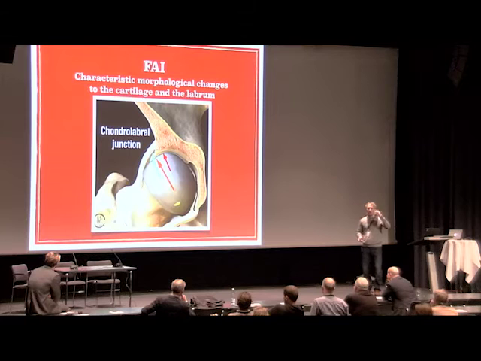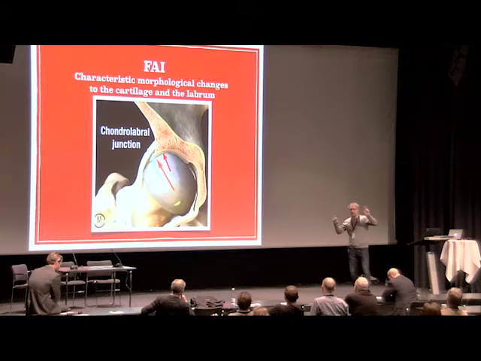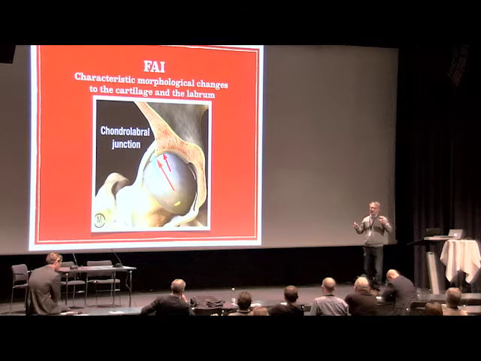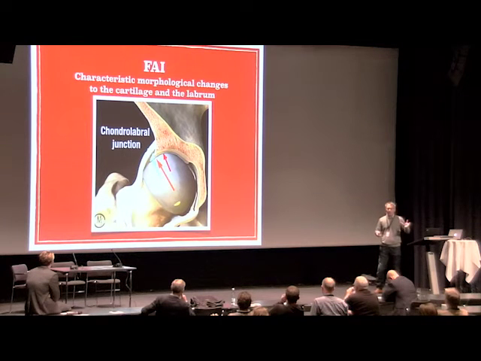That's why I look at the lateral sourcil, because that's where 95% of the changes will appear in the common FAI patient. That's why the standing X-ray is so important, and you look for the joint space width. I know it's not the whole truth, but it gives you an idea of whether you can help this patient.